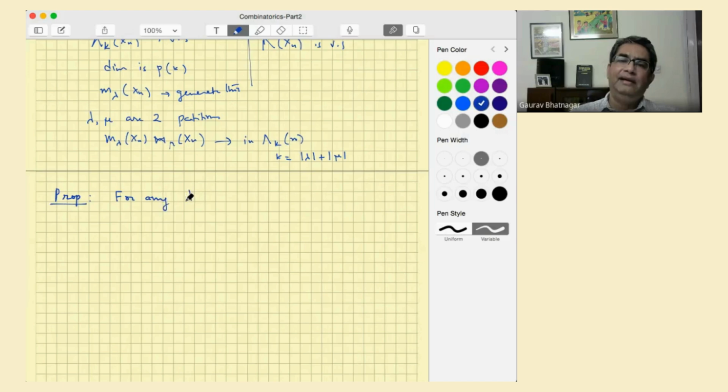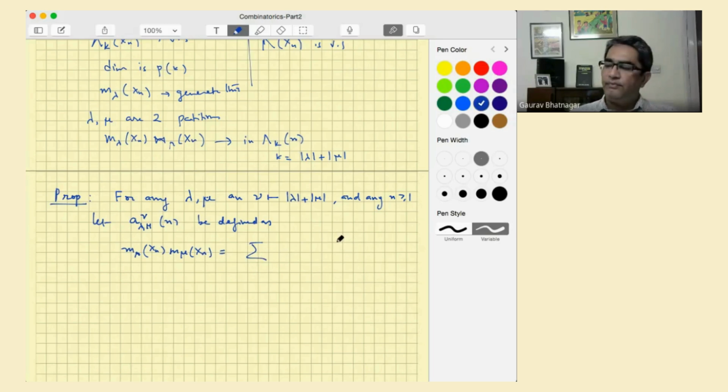For any partitions lambda and mu, and nu a partition of the sum, and any n greater than or equal to 1, let a_{lambda mu}^nu(n) be defined as follows. m_lambda of x_n times m_mu of x_n: since the m_nu form a basis, I can write this product as a sum and let these be the coefficients.